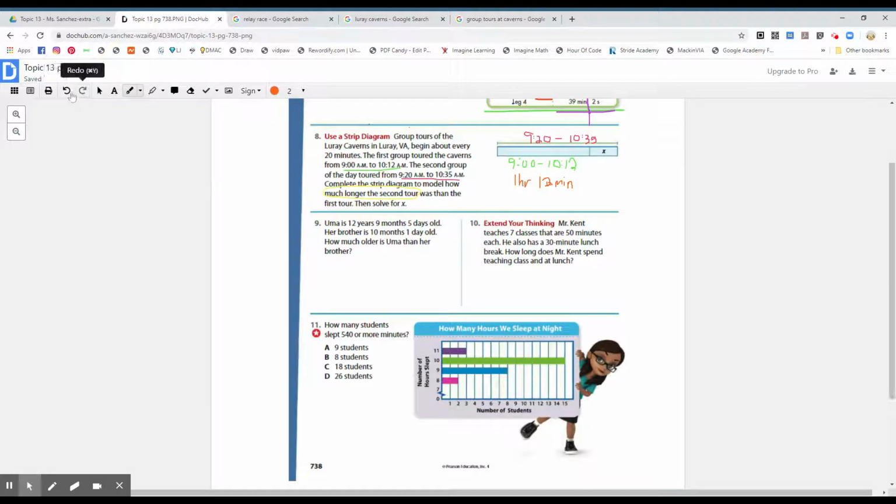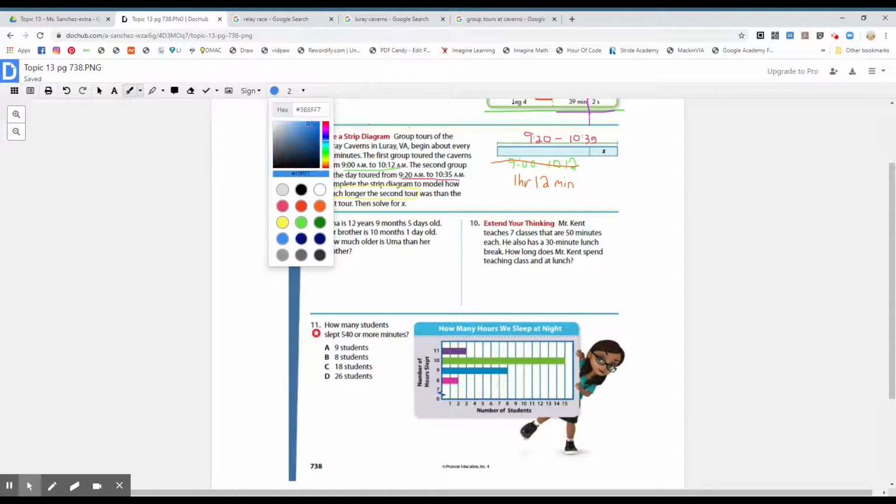Now the time up here, we replace that with 1 hour, 12 minutes. Now 9:20 to 10:35. Okay, so let's do it with the 1 hour also again.